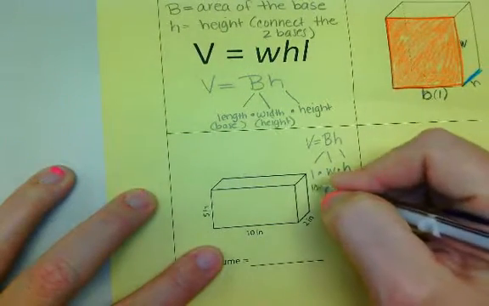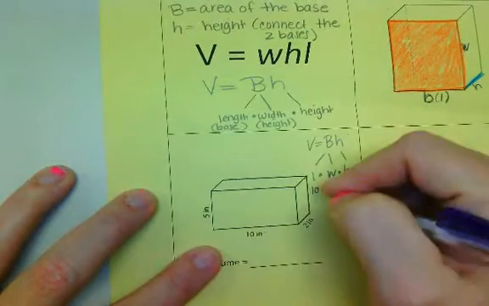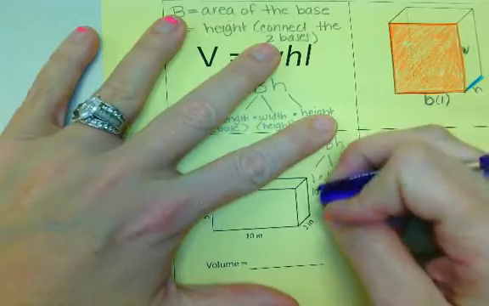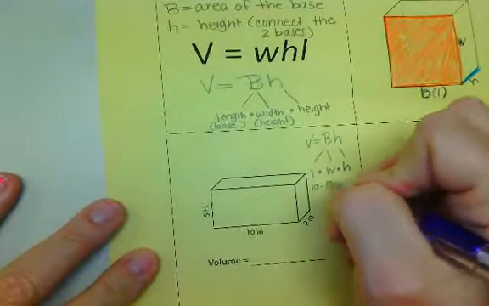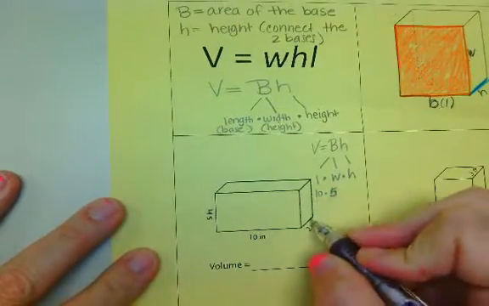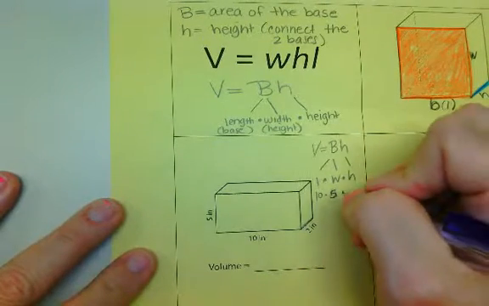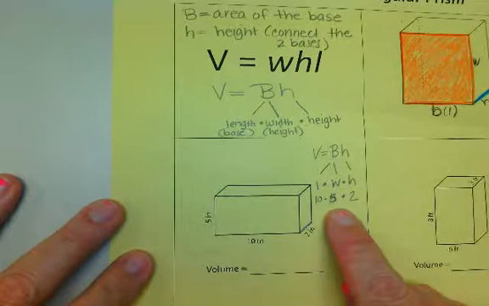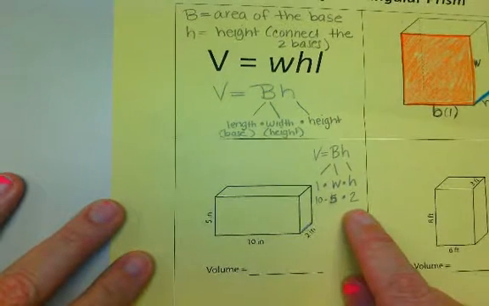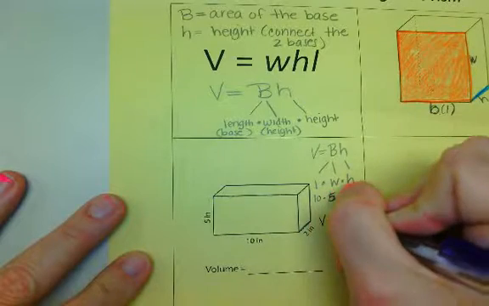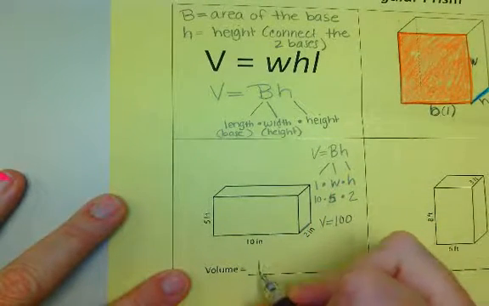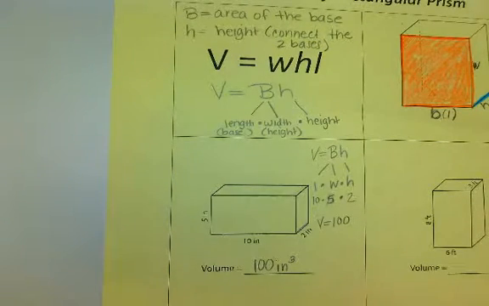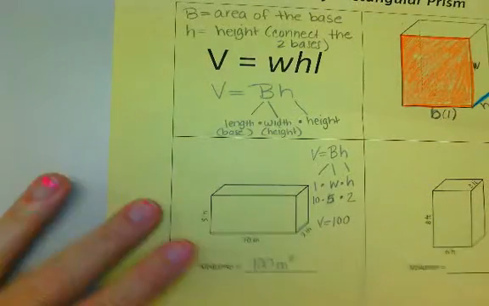So length 10, width 5, and then my height that connects it is 2. So 10 times 5 is 50, times 2 is 100. So my volume is 100, and it's in inches, so it's 100 inches cubed. Pretty simple. So all we're doing is multiplying.